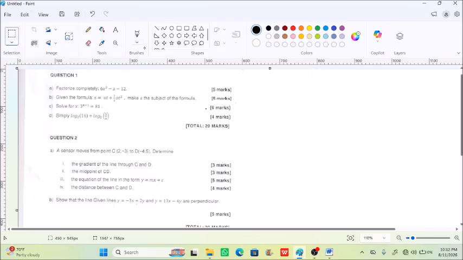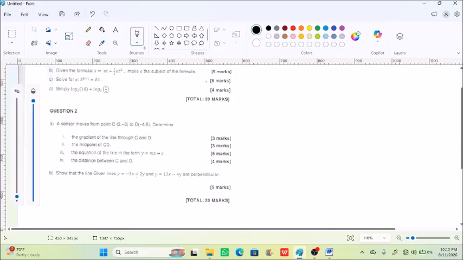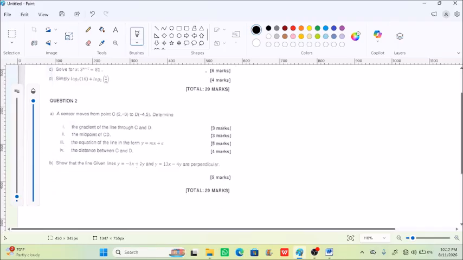Question 2 reads: a sensor moves from point C, which is (2, negative 3), to D, which is (negative 4, 5). Determine the gradient of the line through C and D. So these are the coordinates that we have.